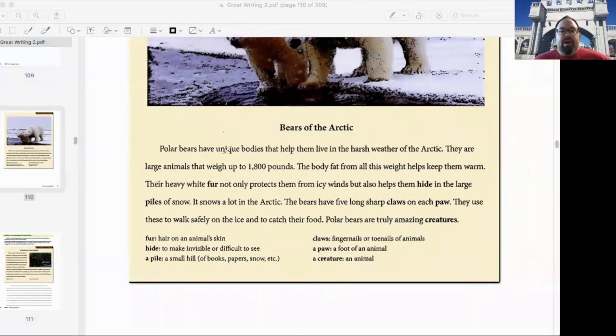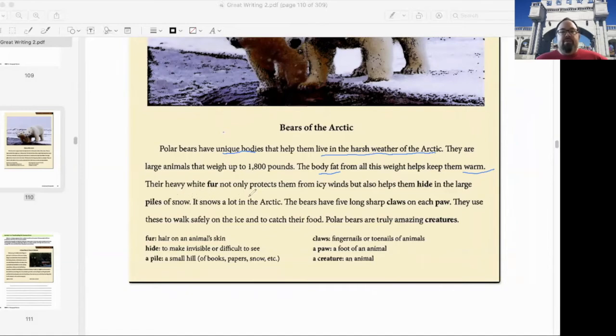So it's about their bodies and how they live in the harsh weather. So all of our supporting sentences should be related to the bodies of bears. Okay. So they are large animals that weigh up to 1,800 pounds. Okay. The body fat, so this is about their body, from this weight, the 1,800 pounds, helps keep them warm. Okay, so far we're okay.